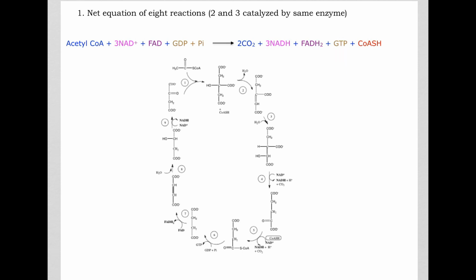So let's look at these 8 reactions of the Krebs cycle and try to explain the most important aspects of each reaction when it comes to understanding human biochemistry and how we apply it to human physiology as well as pathology.